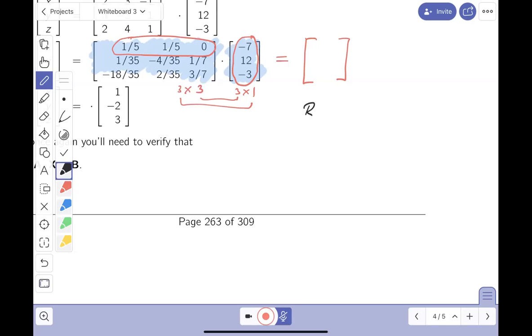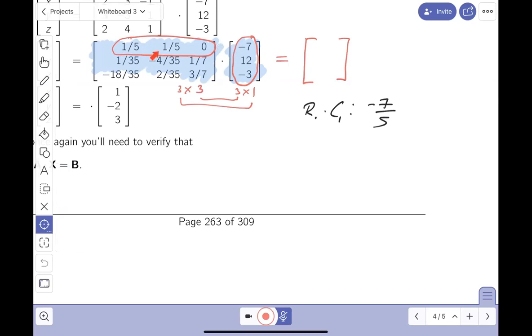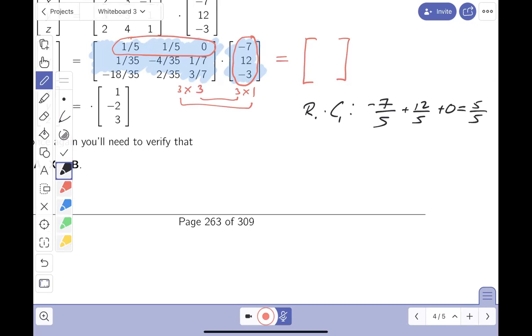Row 1 times column 1. What would that give me? Minus 7 times this. I want to point out what I'm doing. This times this times this, and this times this. Let's keep going. So minus 7 fifths plus 12 fifths plus 0. And what does that give me? 5 fifths, which I know to be 1. That's row 1, column 1.